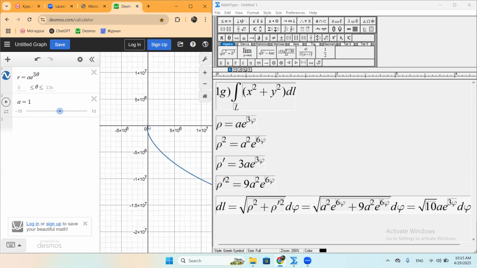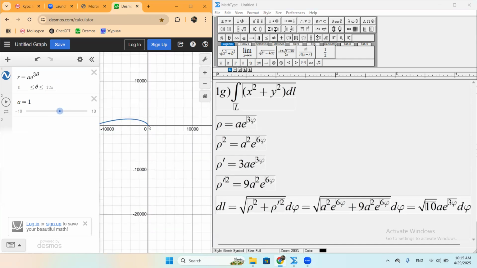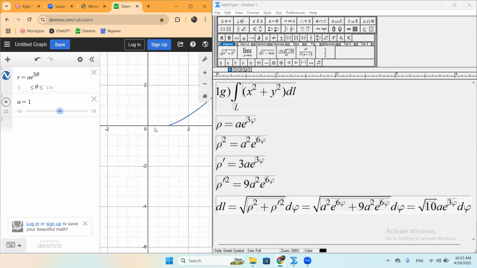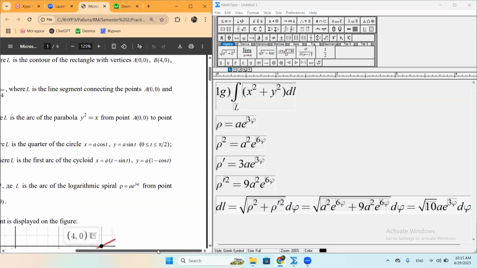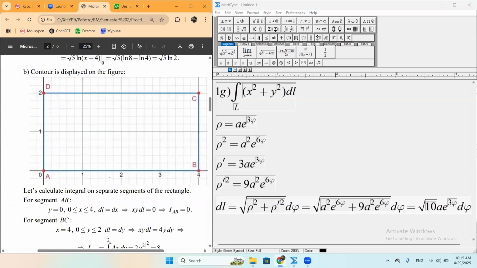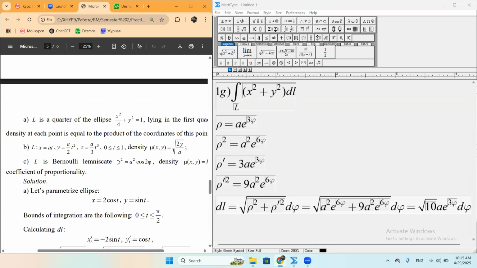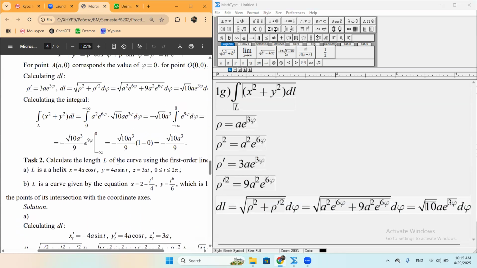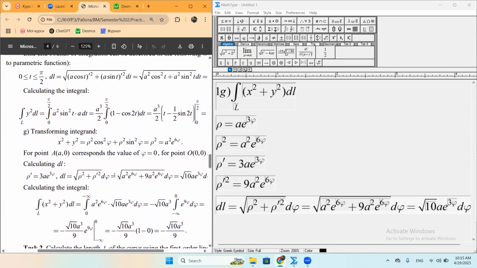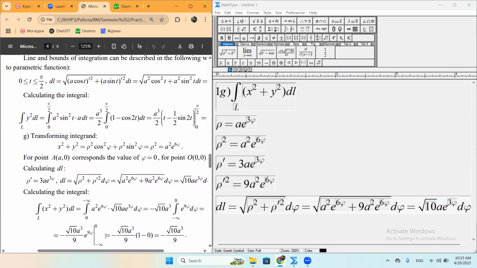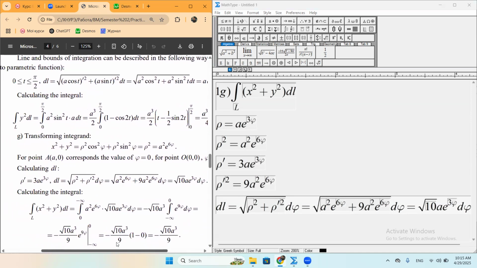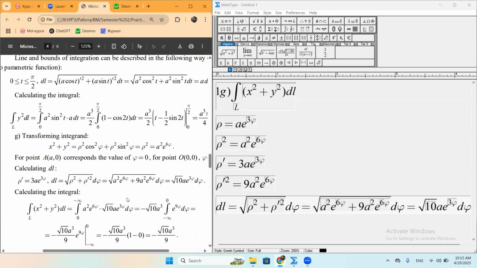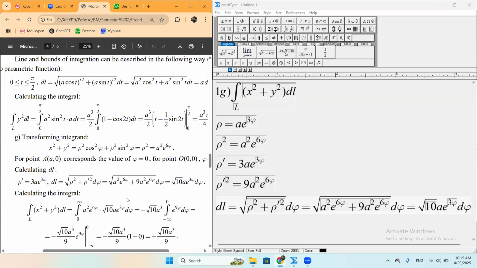So actually the spiral has the following formula. By the way, let me check how it is solved here. Ah, yeah, we also have an improper integral in such a case.